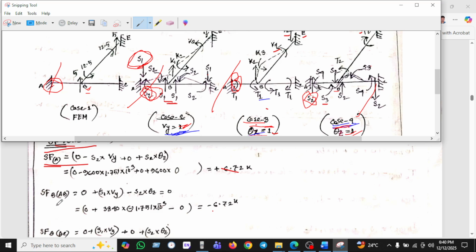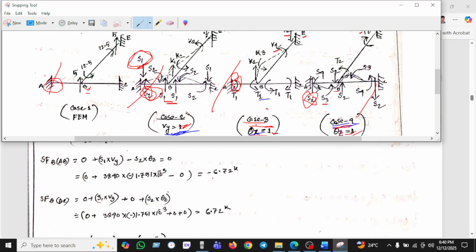So let's see another point, which is B, which is AB. Okay, I'm just changing color here to blue. So there is no shear we have been seeing here. In the second case we have been seeing B1, which is S1. This is the S1 as we have been taking here.